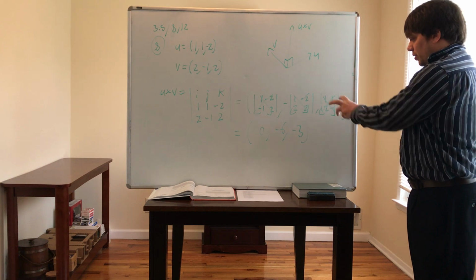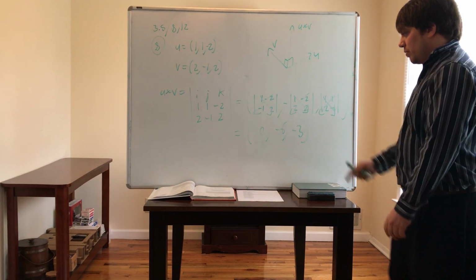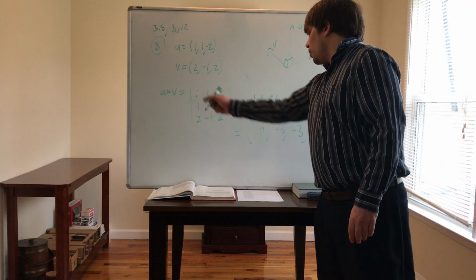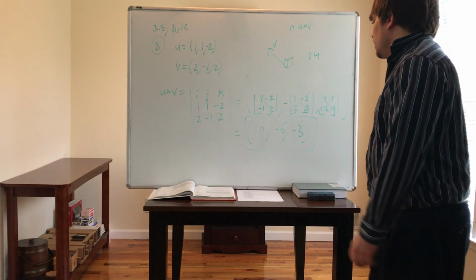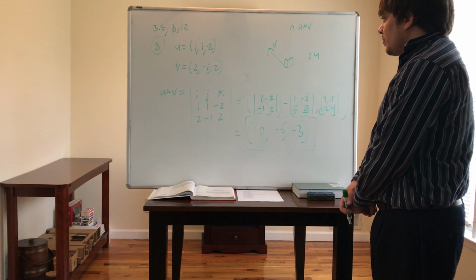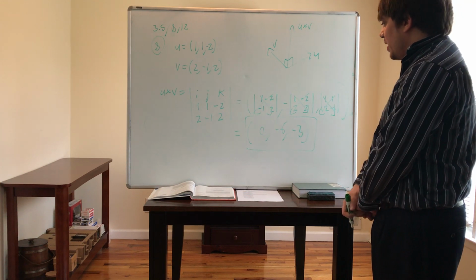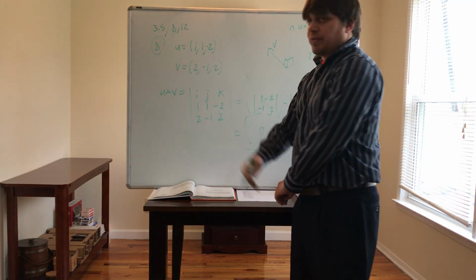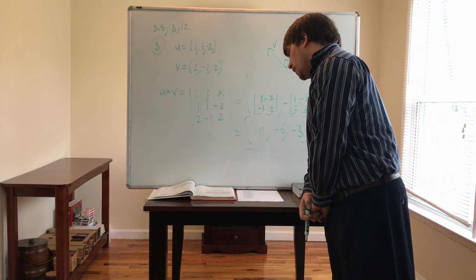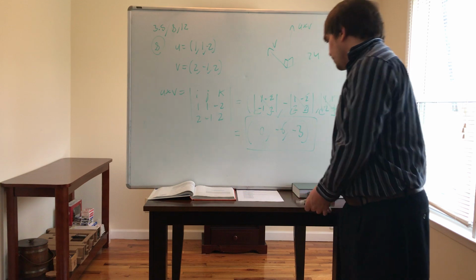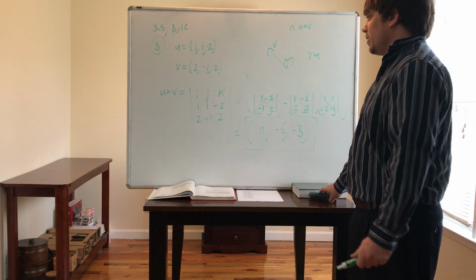So u cross v is this vector, 0, comma, negative 6, comma, negative 3. That vector is orthogonal to both u and v. So that's number 8.